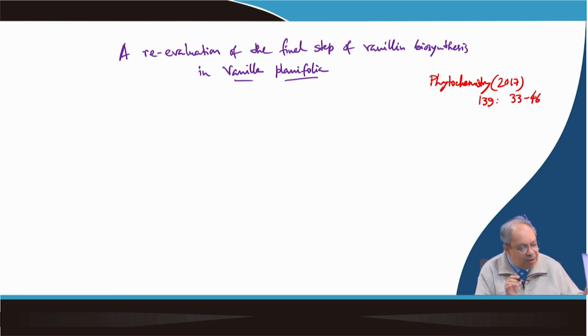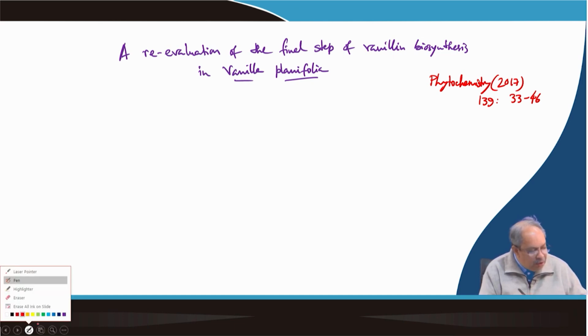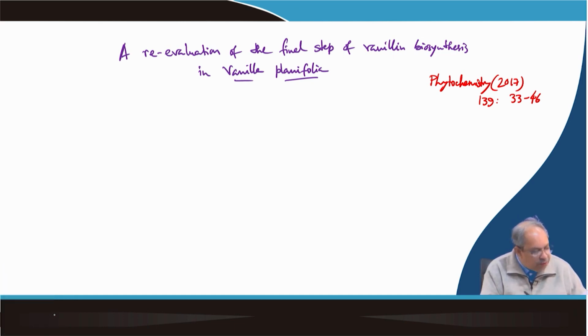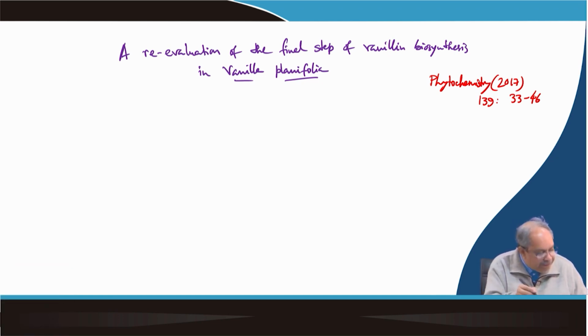So, they are contradicting, or rather challenging, the other group, and what they said is this about the pathway operating in Vanilla planifolia. It starts from shikimate. Let me briefly put it here. Which shikimate?